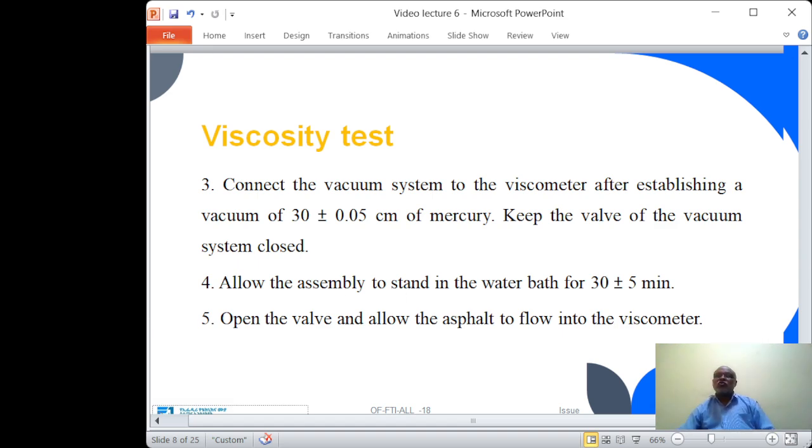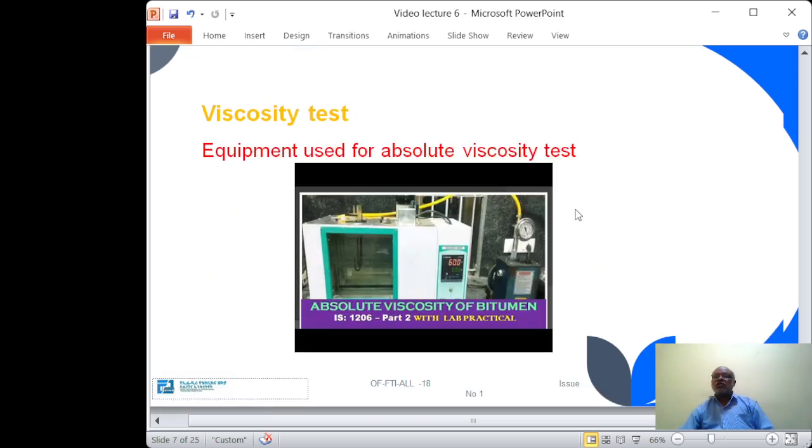Third, connect the vacuum system to the viscometer after establishing a vacuum of 30 plus or minus 0.05 centimeters of mercury and keep the valve of the vacuum system closed. As we have said, this is the vacuum system, and the vacuum system should be connected to the viscometer.